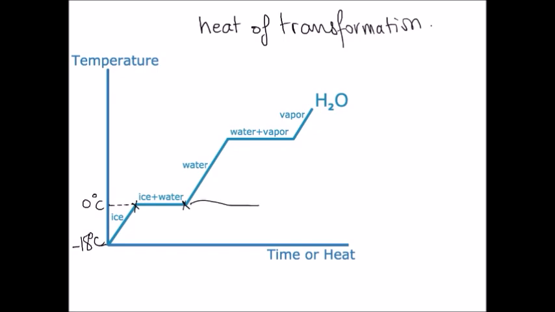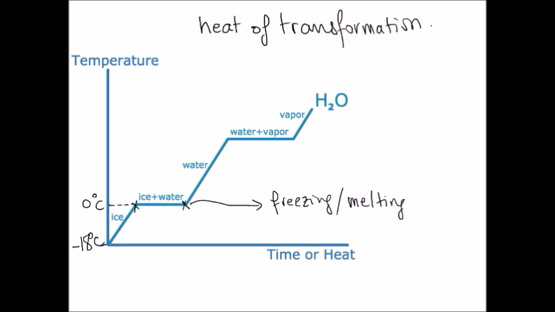So here we have freezing. What is the opposite of freezing? Melting. I can go from liquid state and freeze the water, or I can go from ice and melt it. So when you have a state transformation or phase transformation, we have a heat.